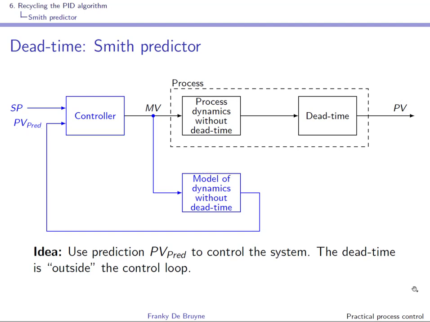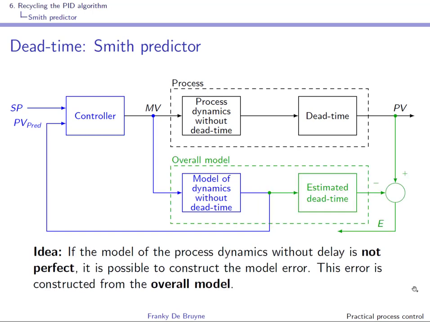Well, there is a very easy way to notice that there are disturbances acting on the process and that the model is not exact. What we have to do is to compare the process with the overall model. So this is the model without the dead time, followed by the estimated dead time, right?